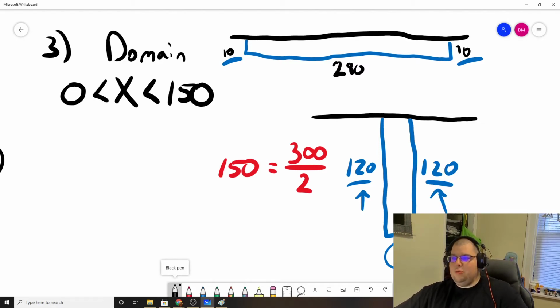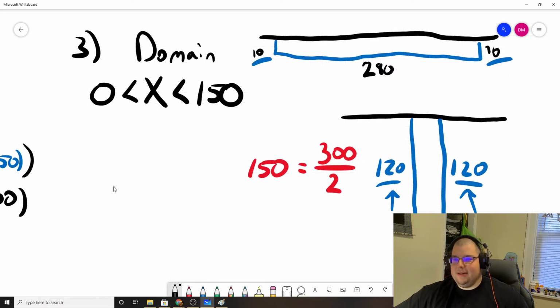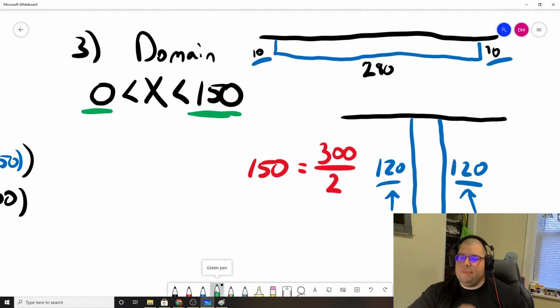So that would be a really long play area away from the school wall, but it would have no width at all for the kids to play in. So there's the domain. 0, because that's the lowest distance I can measure, up to 150, because that's half of the material I have, and each half of the material gets used for the left and right side.